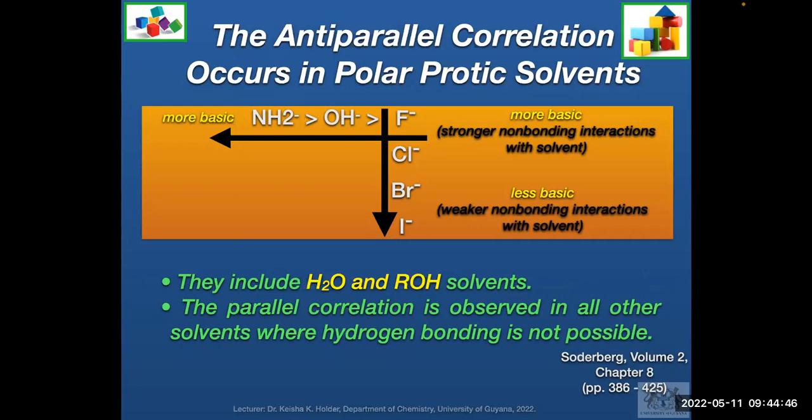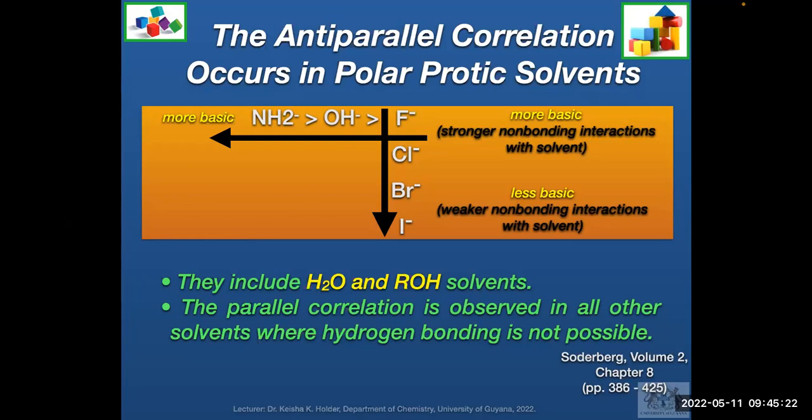If there is another solvent that contains a hydrogen bonding hydrogen, and it is also polar, that would come under this category as well. And I'm sure that there are those that have already been synthesized and exist, and if we come across them in the course of our journey here in this class, we will be sure to highlight them. But just note that this particular category of solvents are heavily inclusive of water and alcohol solvents.